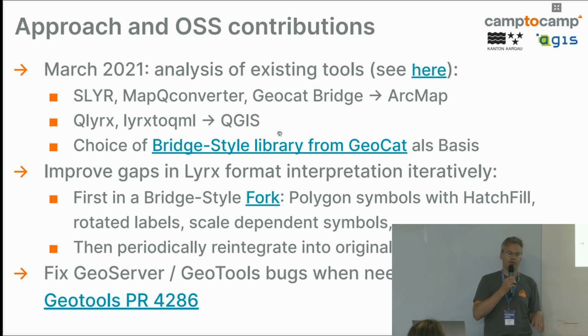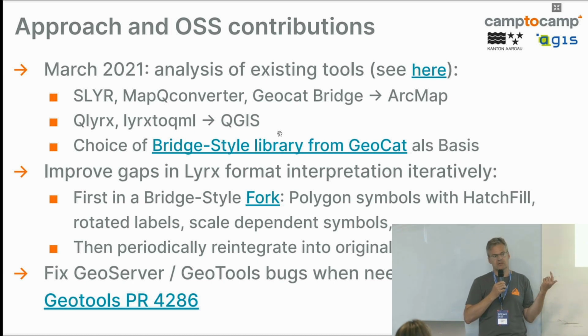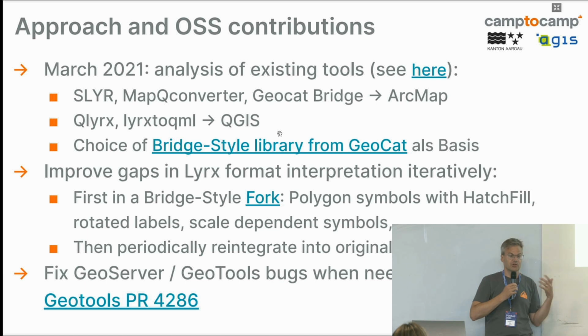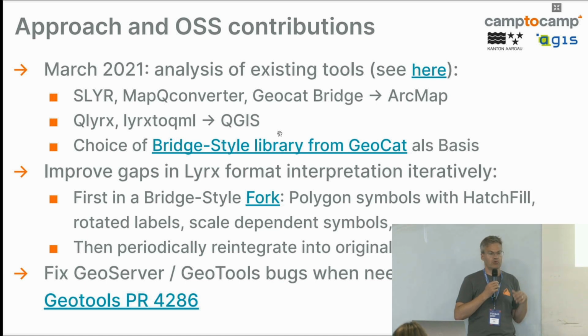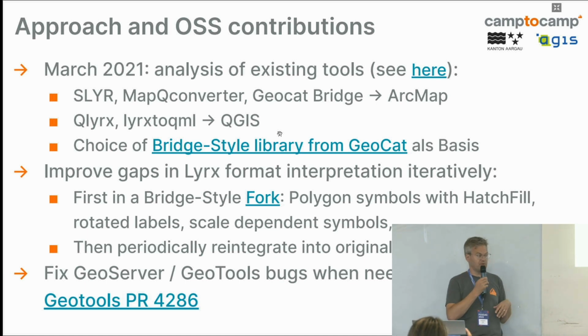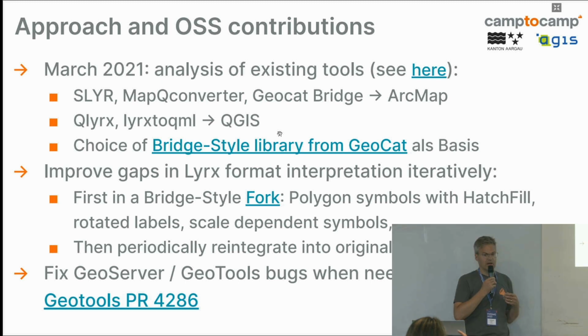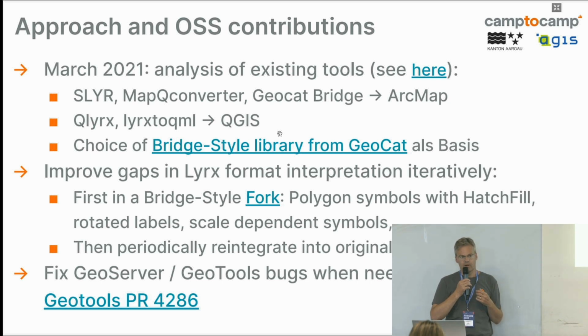Sometimes, although rarely, we would find a bug in GeoServer for rendering, which typically means it's in the GeoTools library that GeoServer uses for rendering the symbology of the layers. So we also fix those, but that doesn't happen a lot because the GeoTools library itself is very mature.